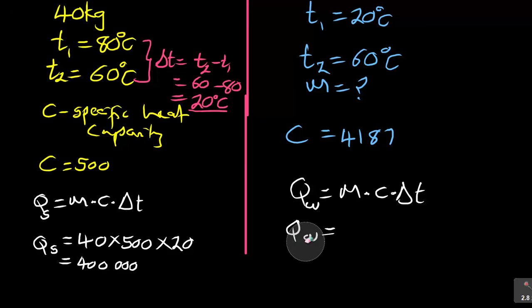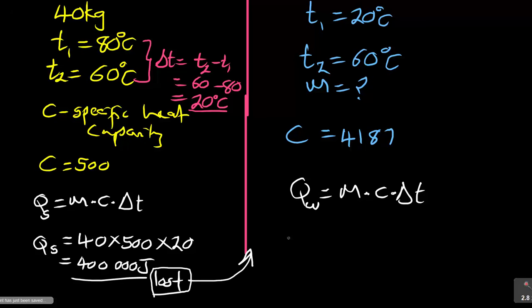All right, before I do that, remember, this is joules. This is what was lost. Now we know the conservation of heat says heat lost is the same as heat gained. So here we assume no heat was lost, because all the heat lost was gained by water.